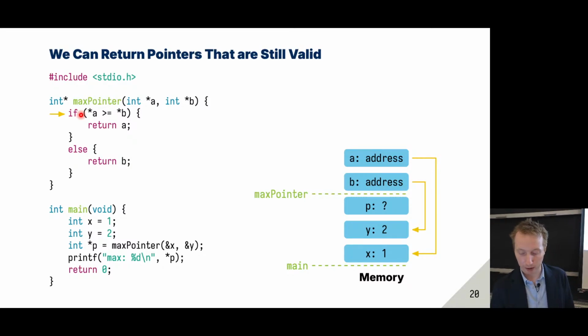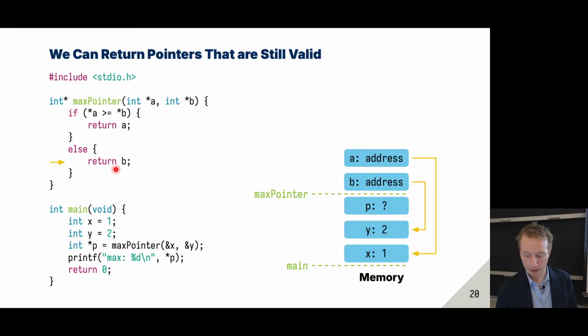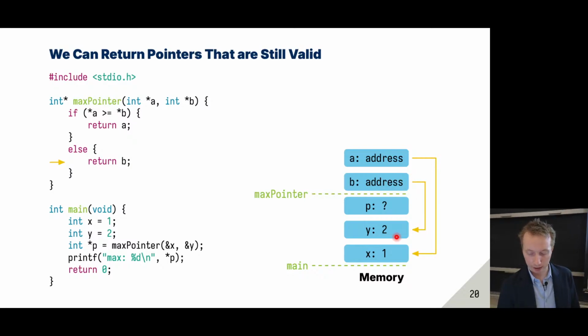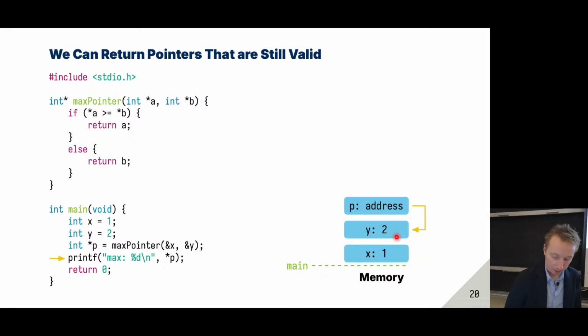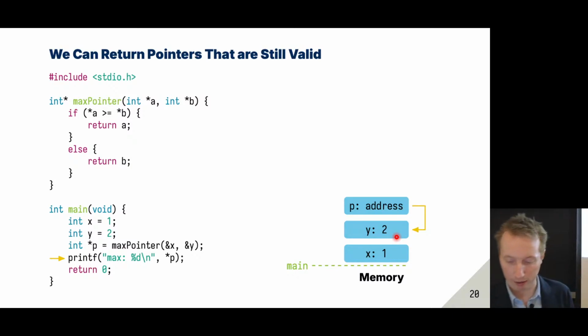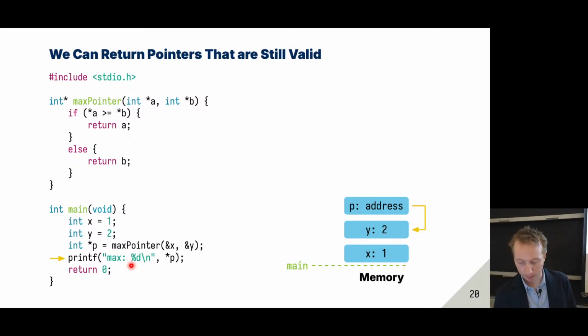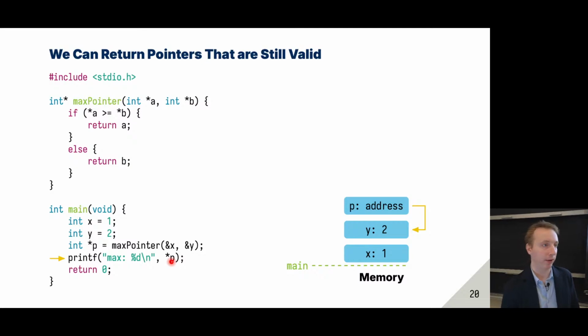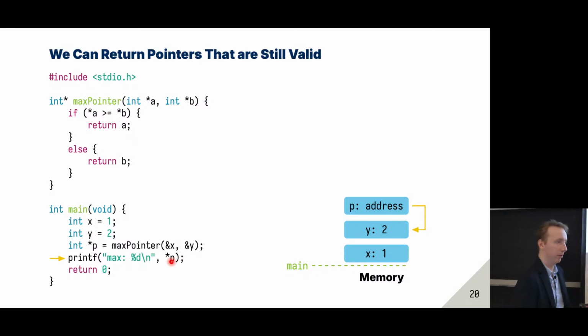Because this is an if statement, we'll go into the else, and then we'll return B. So the result of the function is going to be a pointer to main's y. After that function call returns, because it was pointing to something in main, and main is still running, it's still pointing to something that is valid. So this is OK. And if I print max and dereference it, I'll get max is equal to 2, which is what I would think.